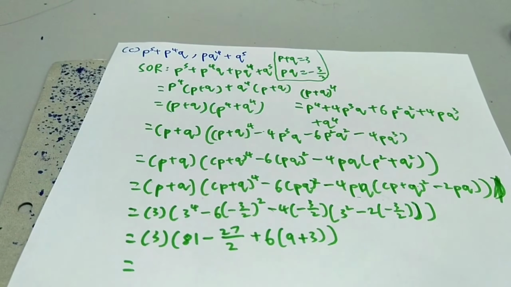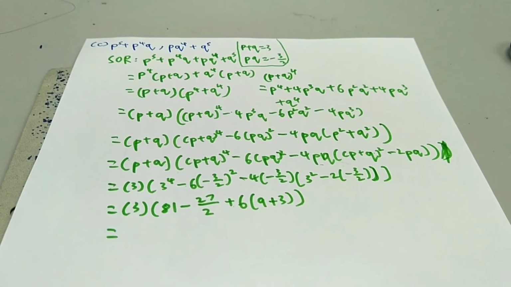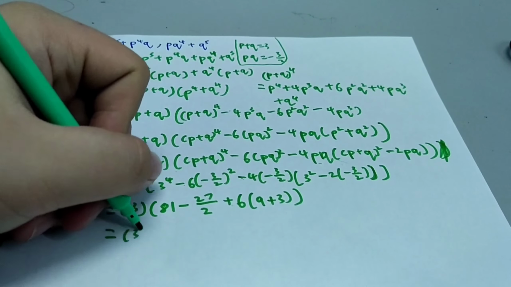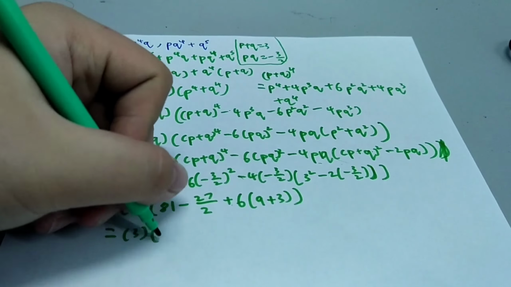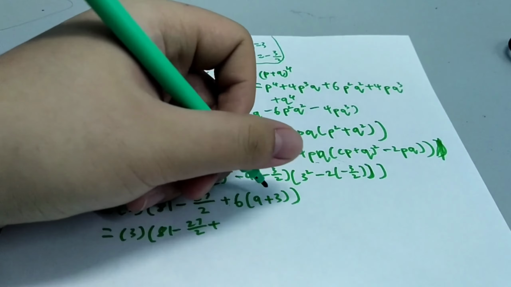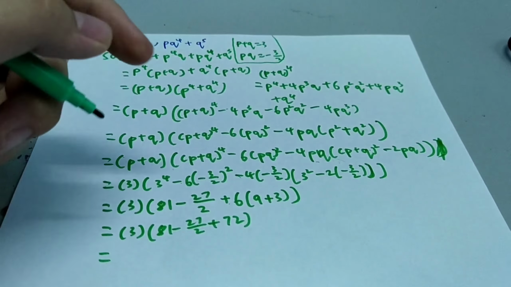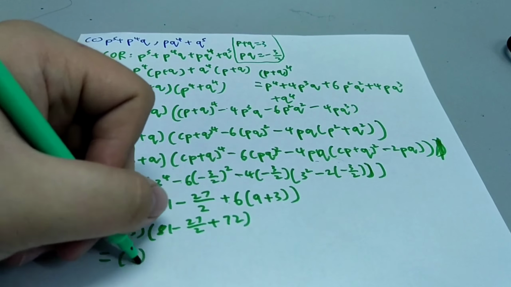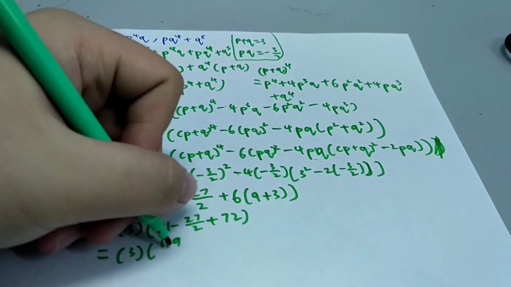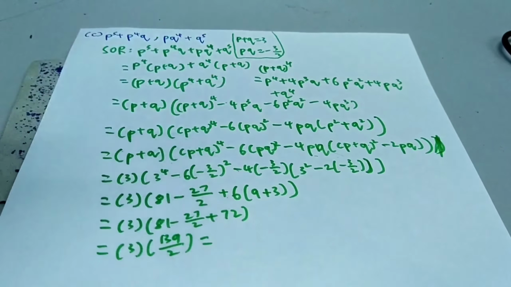So this whole thing is equal to, wait, let me just pick up the camera. Then this whole thing is equal to 3, and then you simplify this, so I have 81 minus 27 over 2 plus 12 times 6, that's 72, and then 3 times, you simplify this, so this is equal to 139 over 2, and then this will equal to okay, I do something wrong, guys.